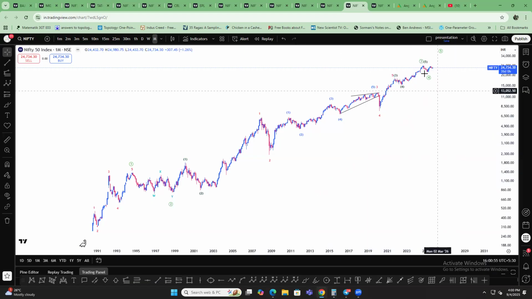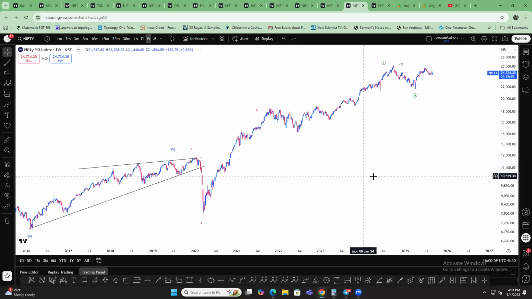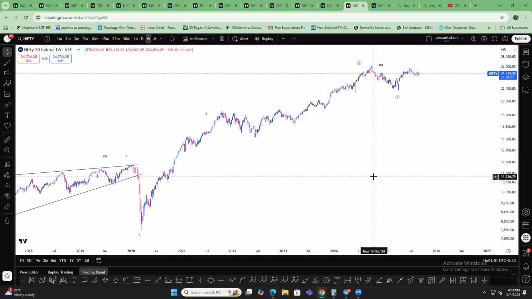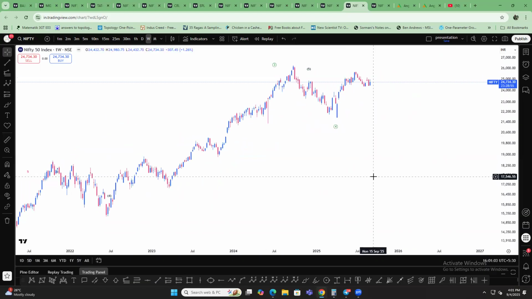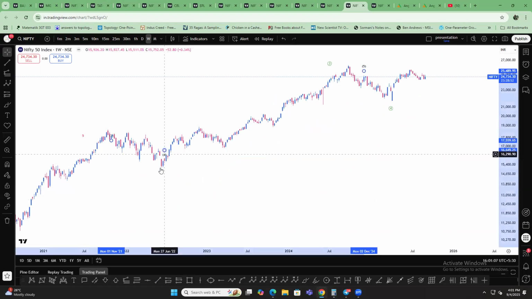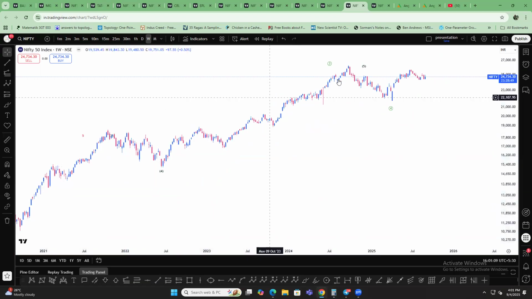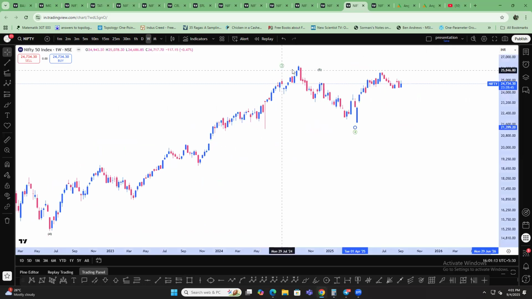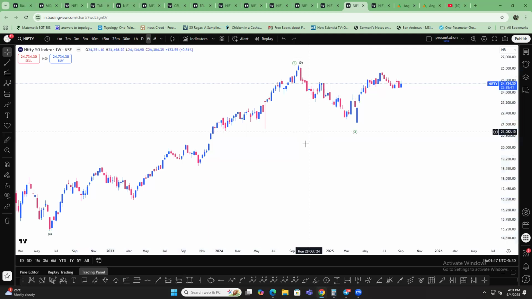So now we'll concentrate here on the weekly time frame, right? So here it is 4 and 1. So if we count this one now, weekly frame.